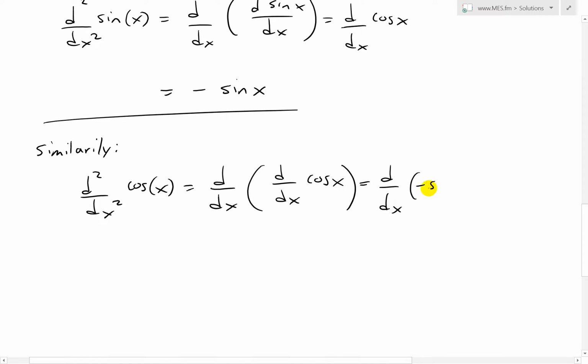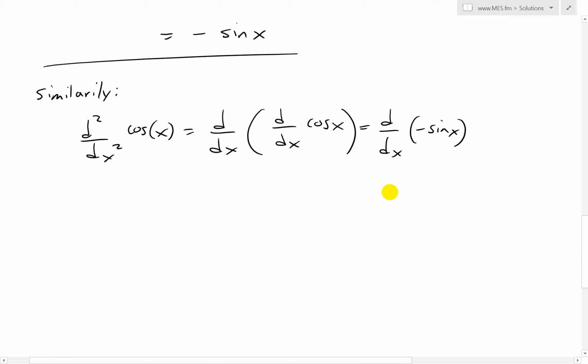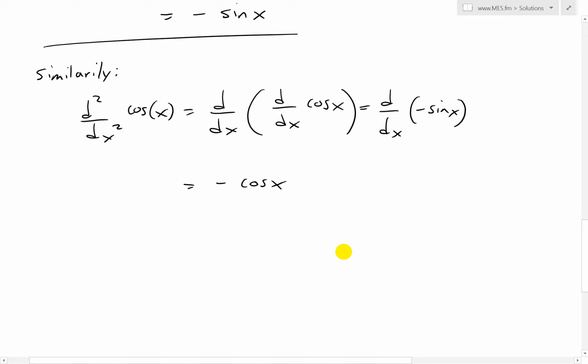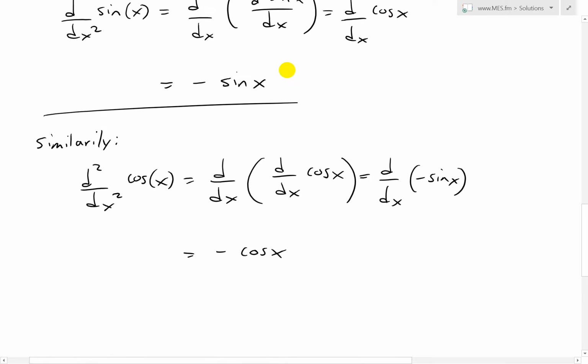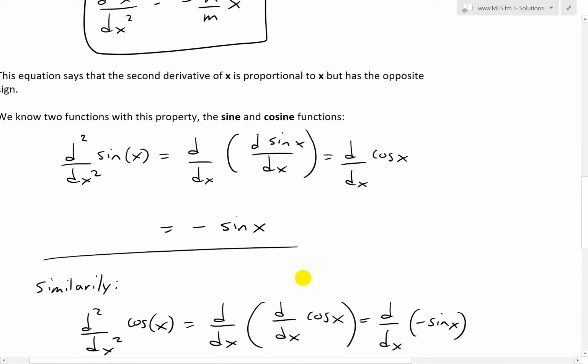The derivative of cosine is negative sine, and the derivative of negative sine is negative cosine. So these are telling functions, similar to the differential equation we want to solve, because the second derivative of cosine of x is equal to the negative of itself.